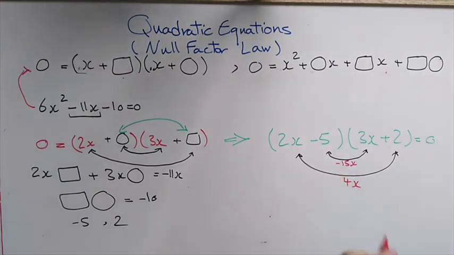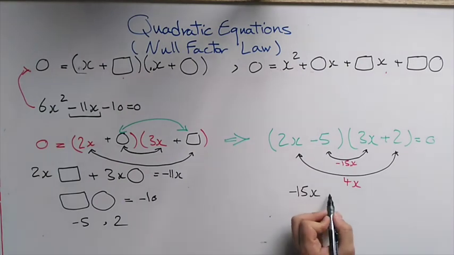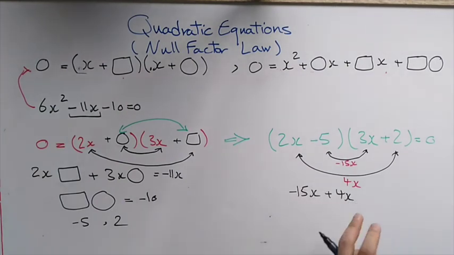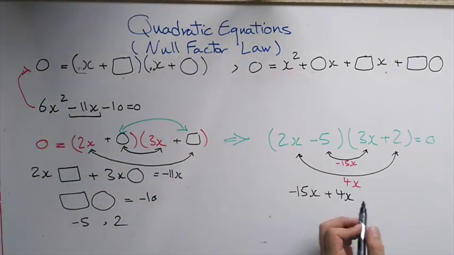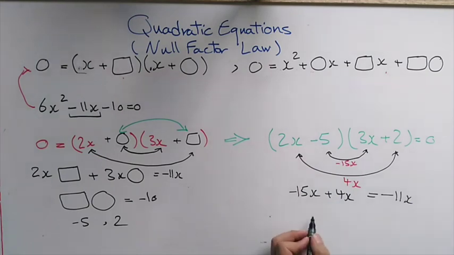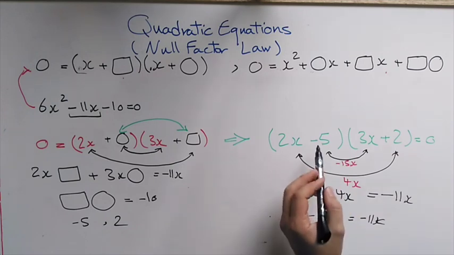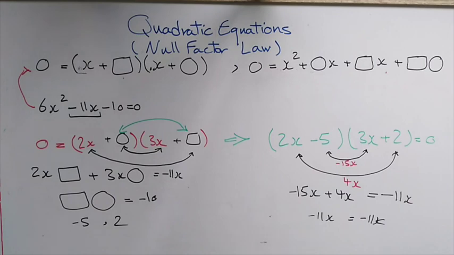Now, as I said, if we add these two products, they should equal the bx, which in this case is negative 11x. And as you see, they do. So now we're sure that our two unknown values are negative 5 and 2.